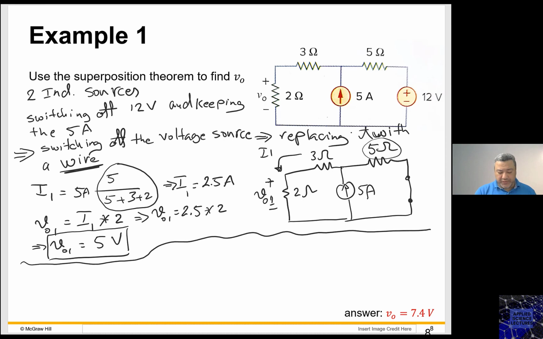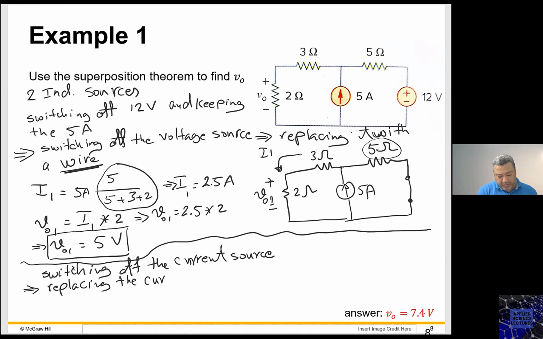So this was for switching off the voltage source. Now switching off the current source, replacing the current source with an open circuit.